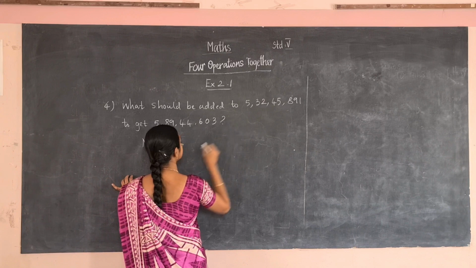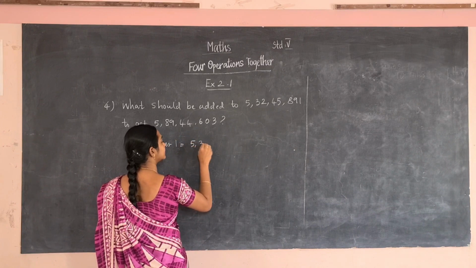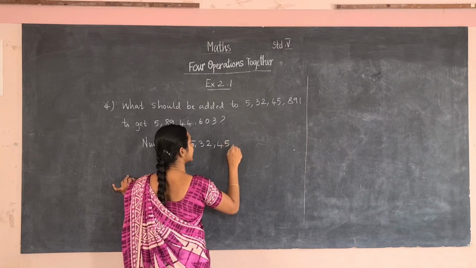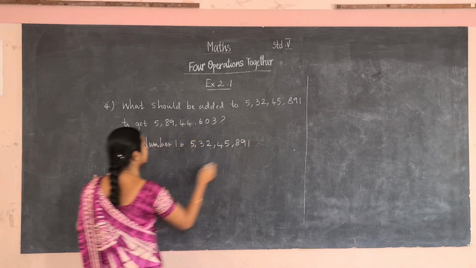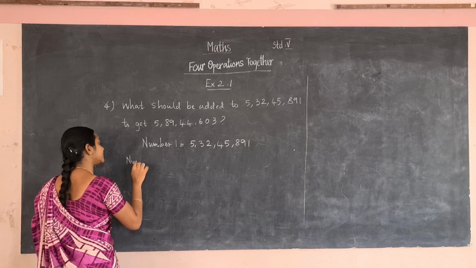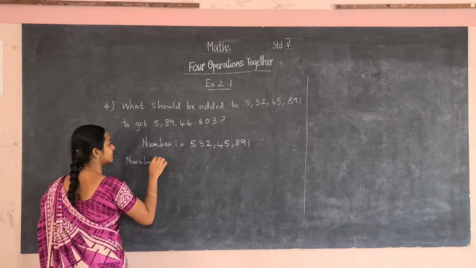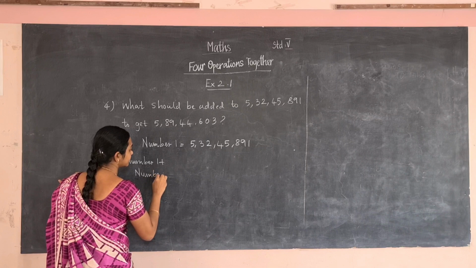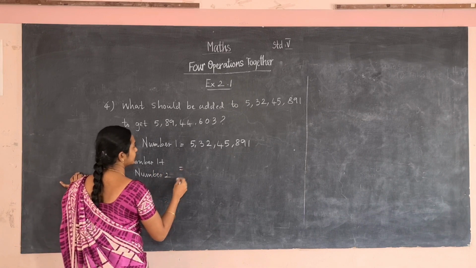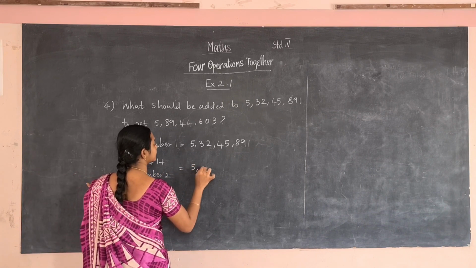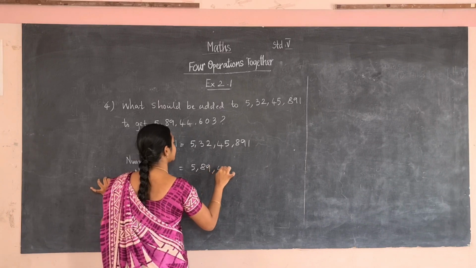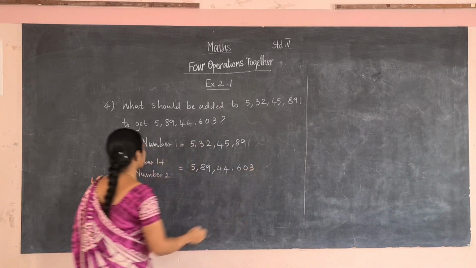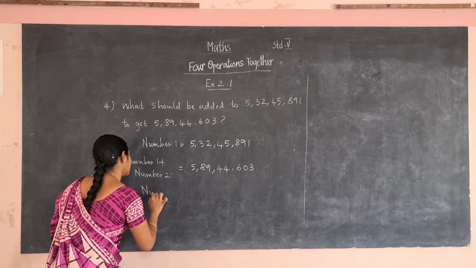Number 1 is 5,32,45,891. Now number 1 plus number 2 is given: 5 crore 89,44,603.